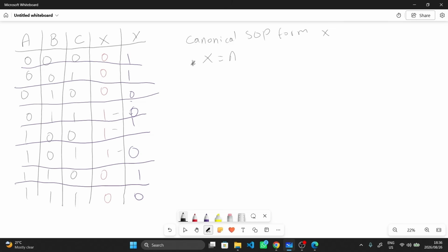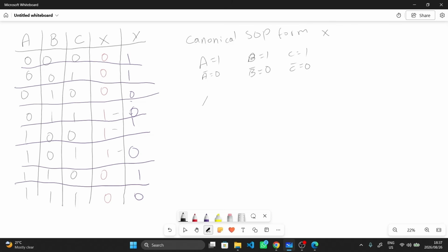So with SOP, remember, where A is 1, A complement is 0, B is 1, B complement is 0, and C is 1, C complement is 0.